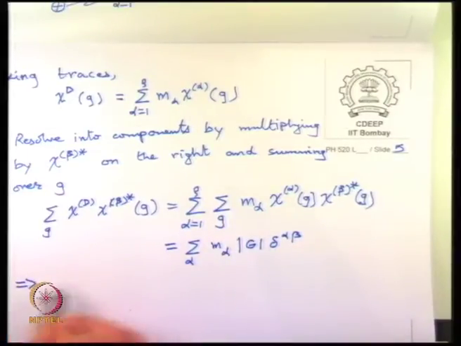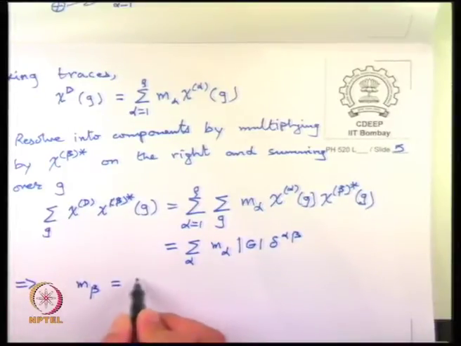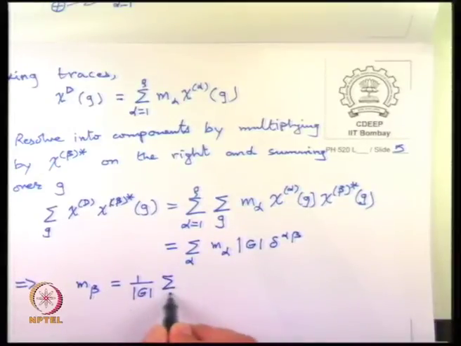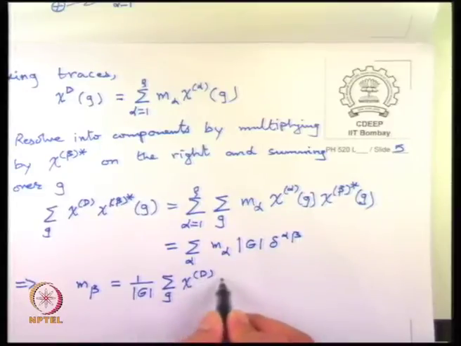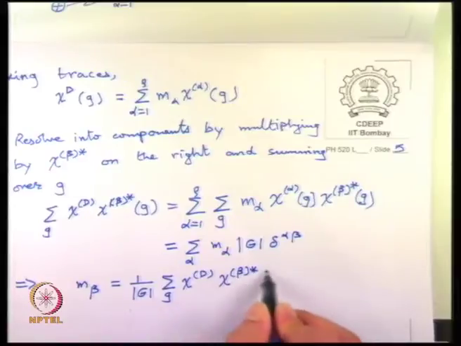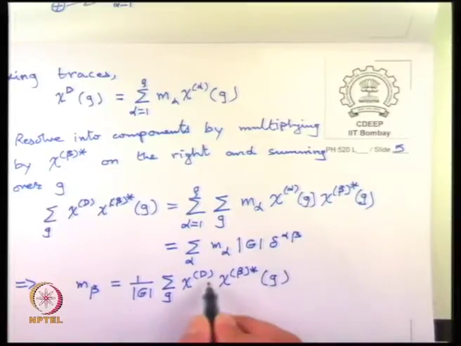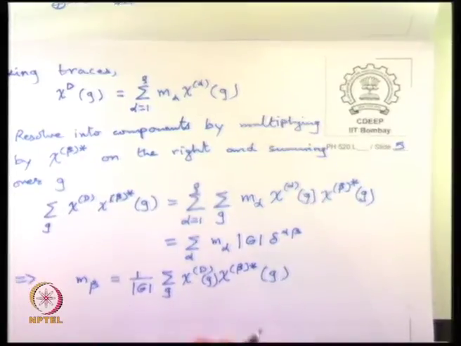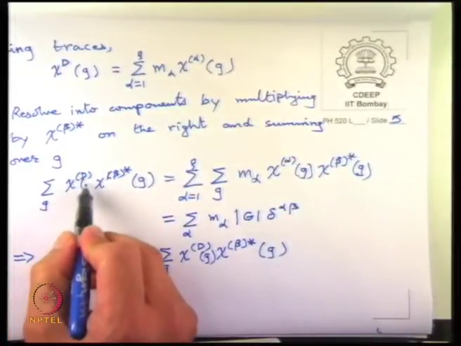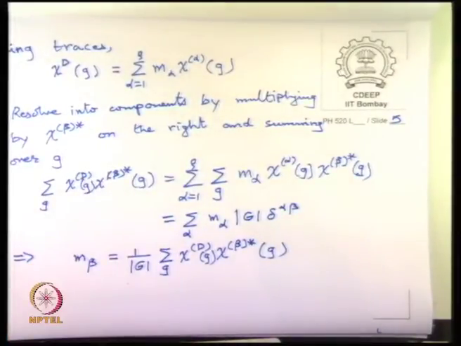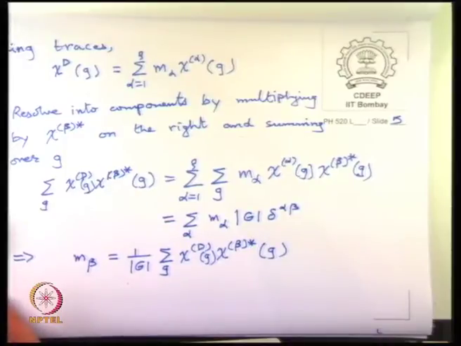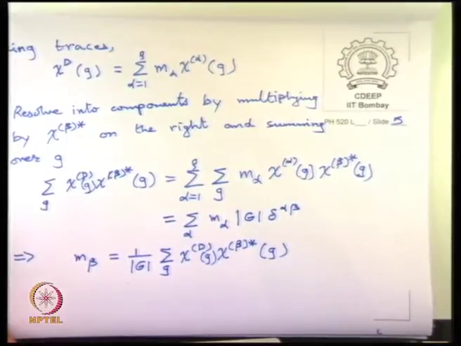So that implies m beta can be extracted as 1 over order of G, sum over G of chi D of G times chi star beta of G. So this is a clever thing that one can do.